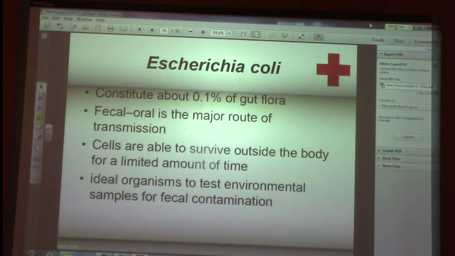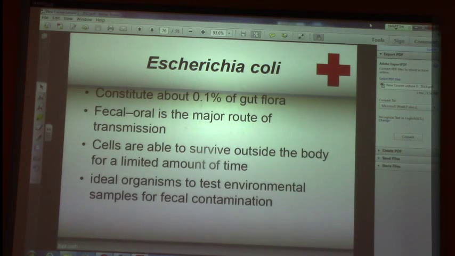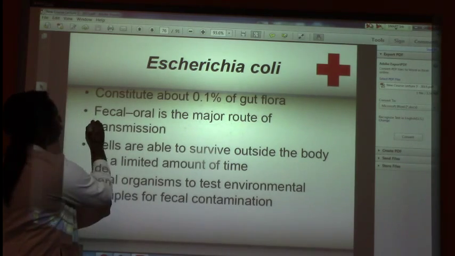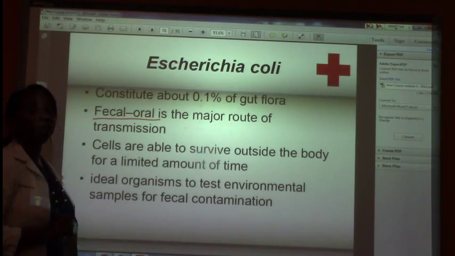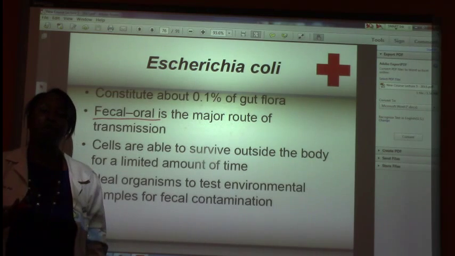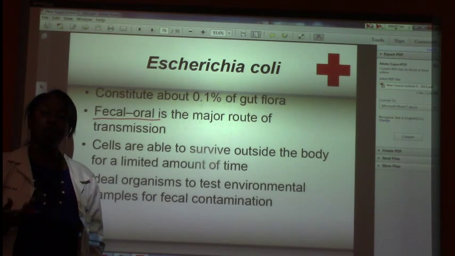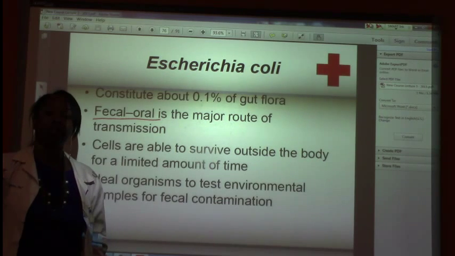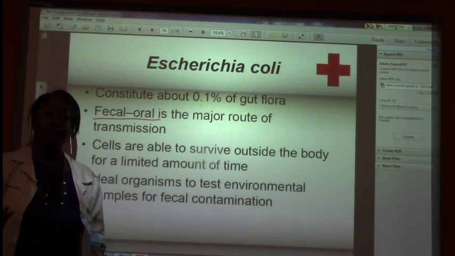So in regards to our normal flora, Escherichia coli constitutes about 0.1% of gut flora. The fecal-oral route is the major route of transmission. So this is a very key point here, a fecal-oral route. When we say fecal-oral route, what that simply means is that the organism has been transmitted via the spread of fecal matter.